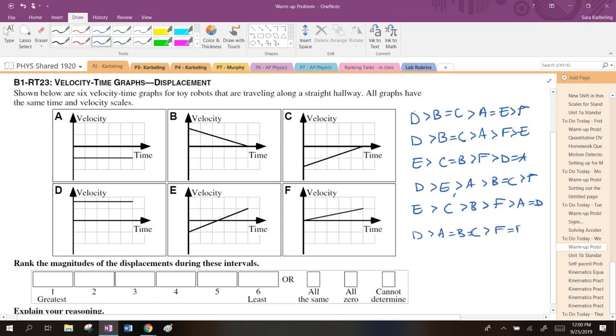It's going to be a beautiful day. All right, what else we got? B equals C. F, A, D. And you got one too? D, A, E, B, C, F. All right. We have a lot of answers.